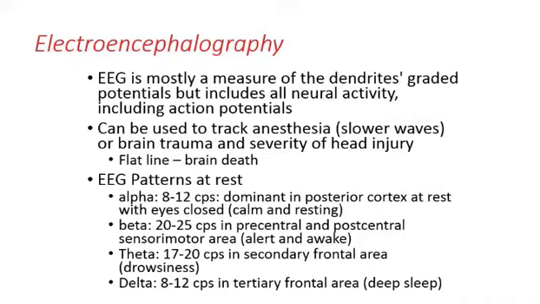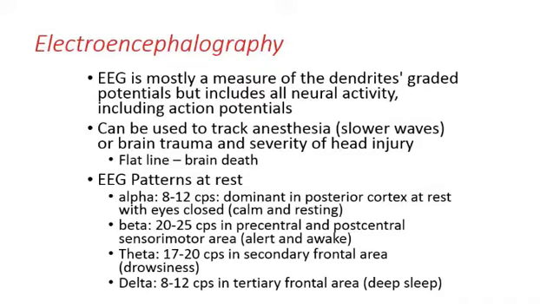There are several EEG patterns at rest. Normally, when we're awake, we're in what's called a beta state, and our brain waves would be going at about 20 to 25 cycles per second in the precentral and postcentral sensory motor area for the most part, but kind of throughout the brain. That would signal that we're alert and awake, conscious.